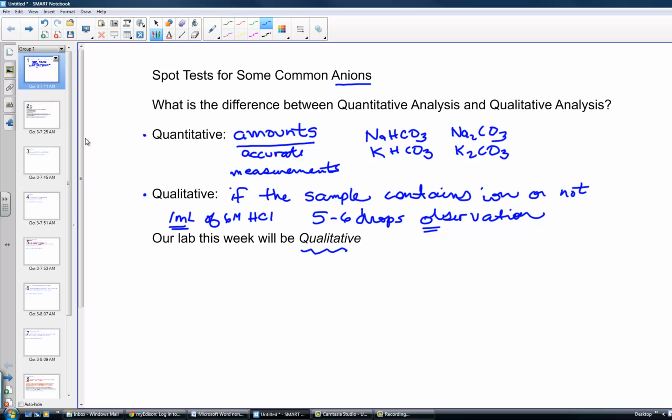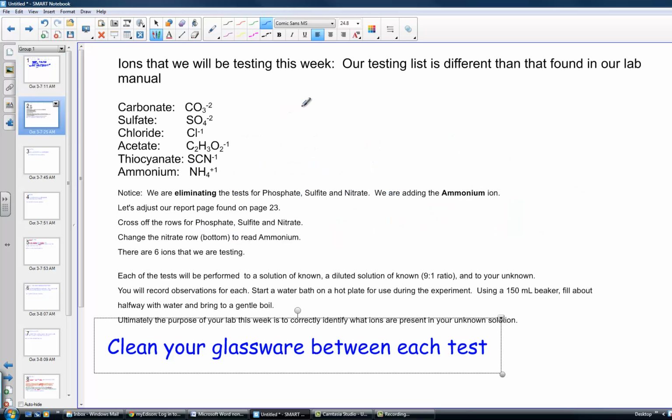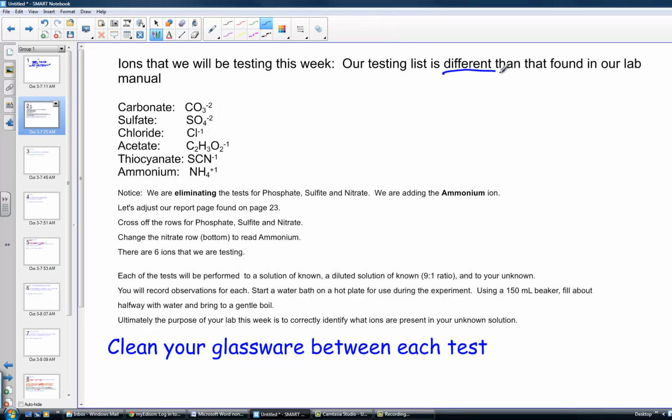Let's talk about those very ions that we'll be testing. There are 6 of them in our lab this week. Notice that the list that I'm providing you is different than that found in our lab manual. The lab manual begins this week's experiment on page 19. We have some adjustments to make in our list.